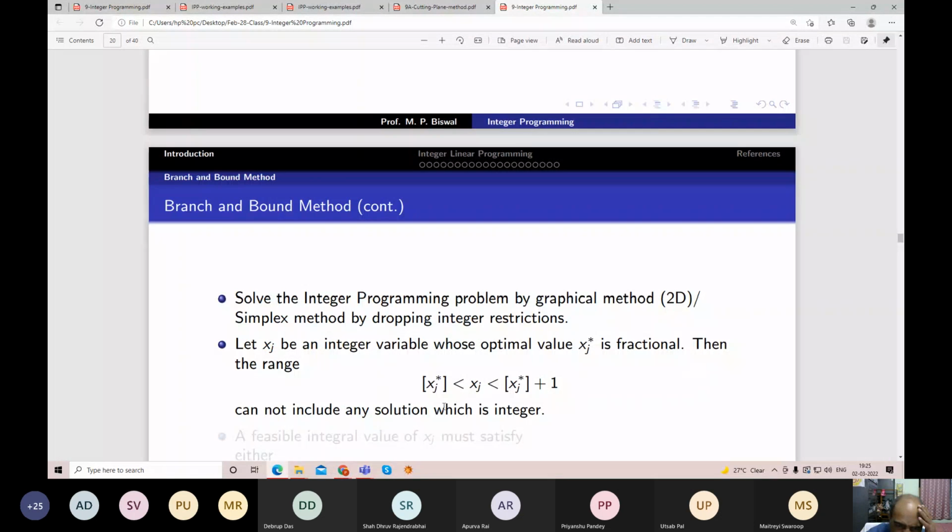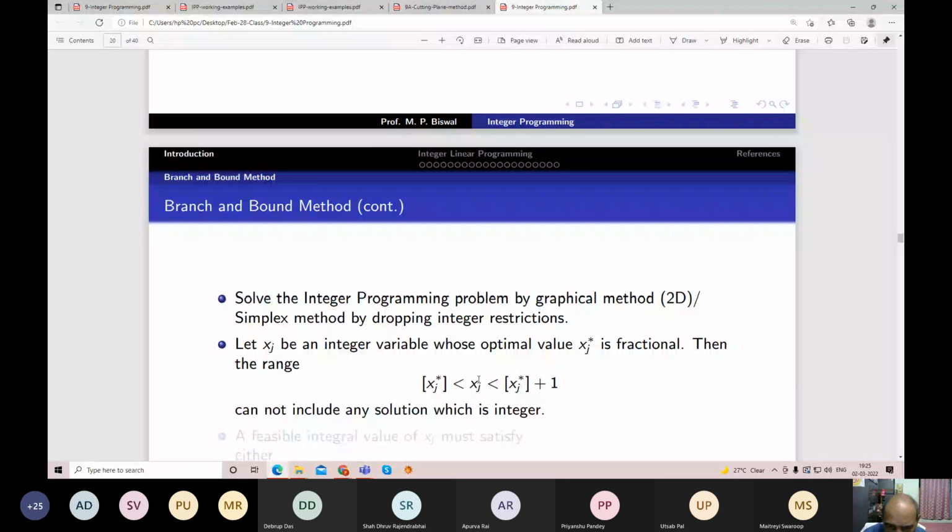Then this xj star is fractional, but xj has to be integer. For example, my xj star equal to 4 by 3. What is the integral part of 4 by 3? It is 1.